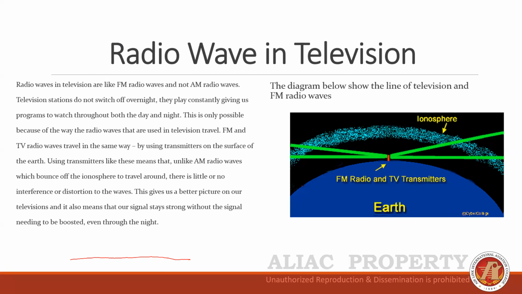So, again, dagdag-dagdag natin. Television waves specifically have range of wavelengths around 50 centimeters to 10 meters length. Radio waves overall have a huge range of possible wavelengths ranging from 30 centimeters to 500 meters.